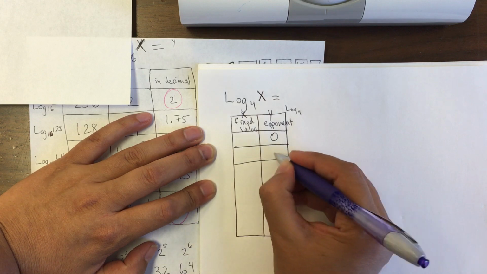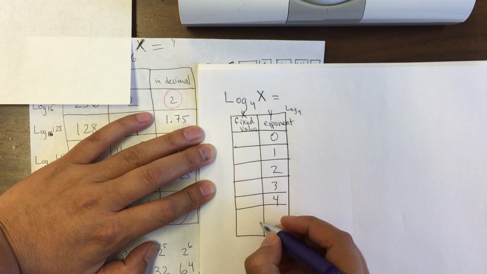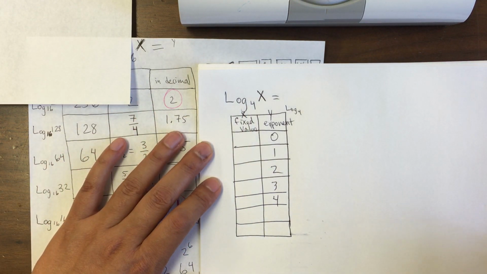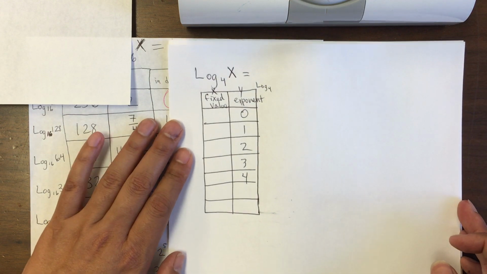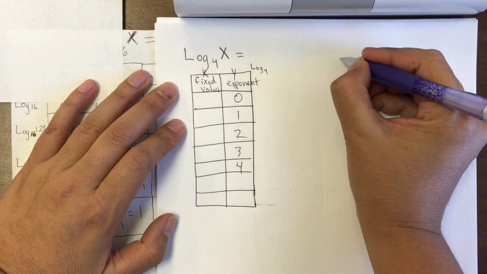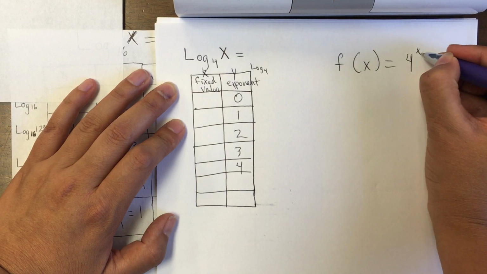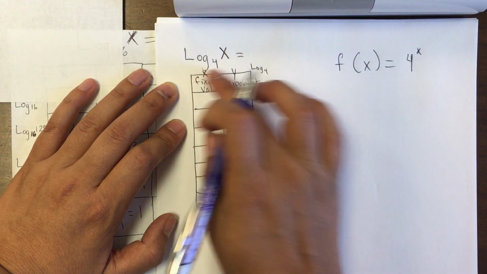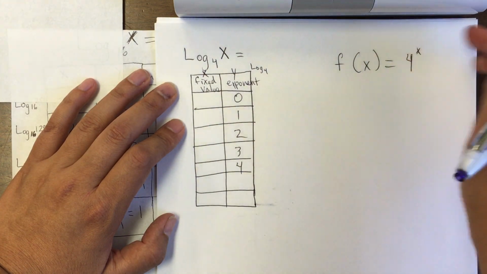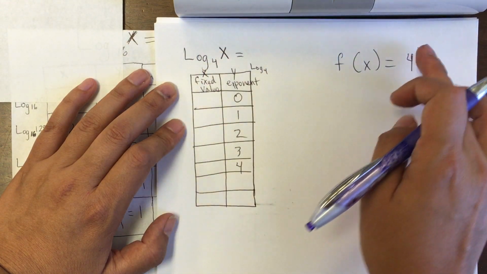So 0, 1, 2, 3, 4, and you can go farther, but I think I'm going to stop at 4, especially since you can't really graph all of that. So f of x is going to be 4 to the x. So this is basically the power. It's the inverse of this. Okay, so 4 to the power equals, and this is 4 to what power equals the x.